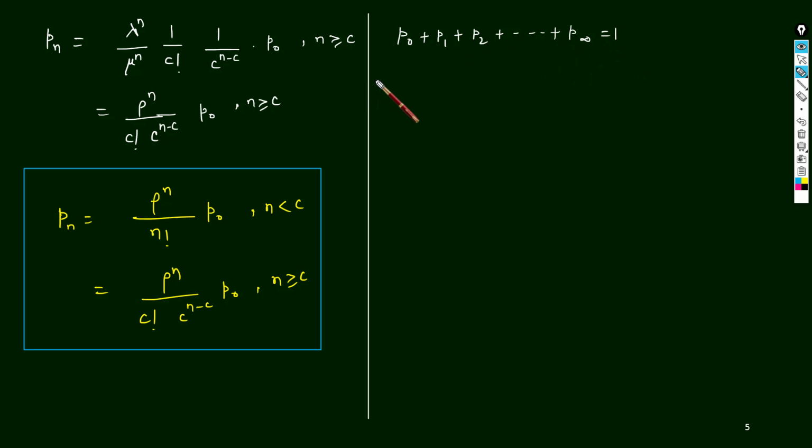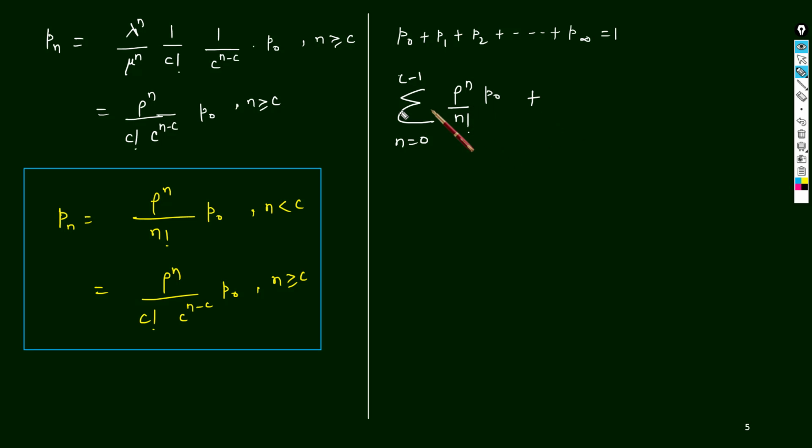Okay. So let us see, we know the Pn expressions. So can we write up to n, when it is less than c? Less than c means it should be c minus 1. So that means n is equal to 0 to c minus 1. What will be the expression? Rho to the power n p naught divided by n factorial, isn't it?